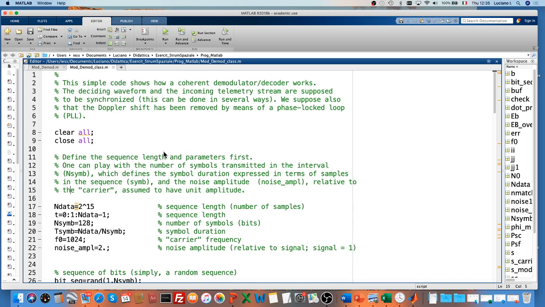It's closer to the actual way modern digital receivers work. But I prefer to show you here exactly what we did in the slides in the previous lecture.